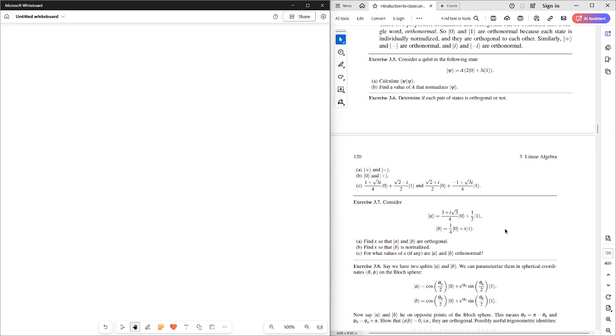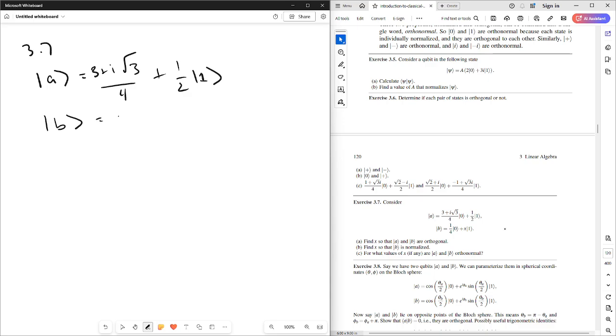So let's take a look at 3.7. We have this ket A, which is in superposition 3 plus i square root of 3 over 4, plus 1/2 state 1. And ket B, which is 1/4 0 plus x state 1.